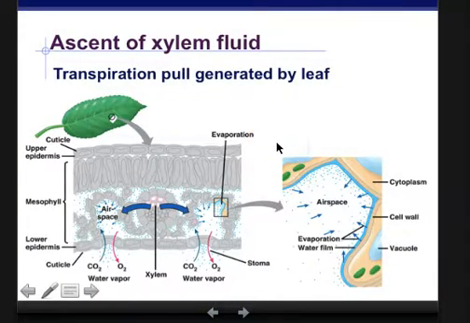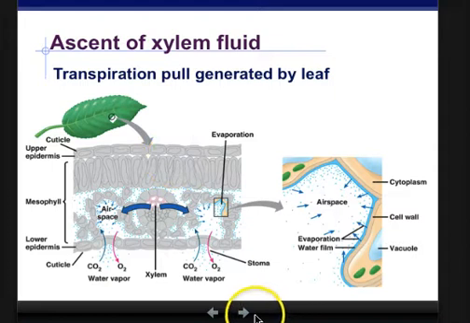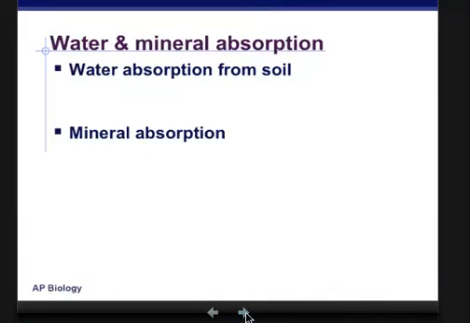All right, so as I was explaining in the other slide, the ascent, going up, of xylem fluid is caused by transpiration. So when we release water out of the leaf, the water starts being driven upwards. Okay, water and minerals in the soil.